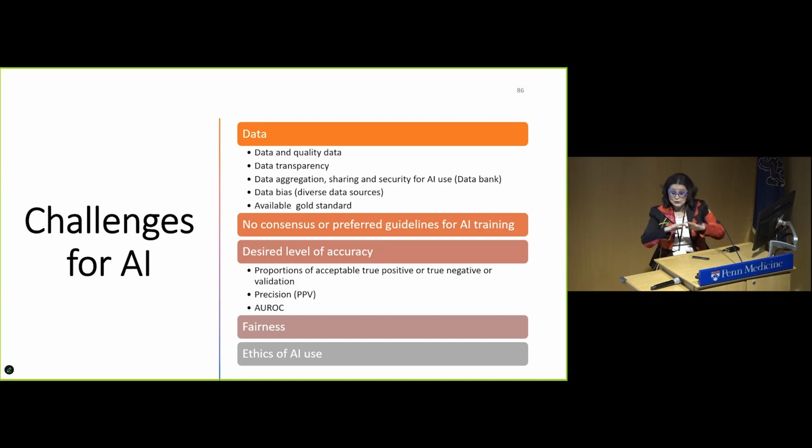If you look at all the work, we don't have standards for what's considered a good result. What is a good specificity? What's a good sensitivity? What's an AUC that is acceptable? Using different types of models, every model has something different. And then, as we said, desired level of accuracy, fairness, and ethics.